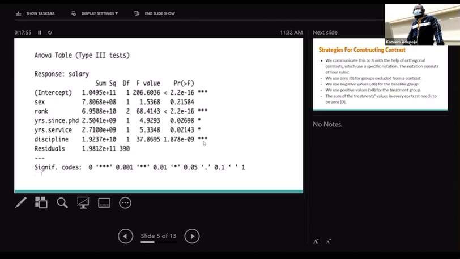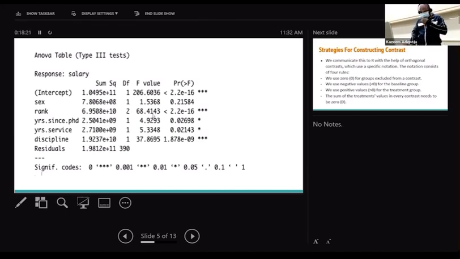We can see that the rank of a professor is significant, and the degree of freedom for rank here is 2, right? If the degree of freedom for rank is 2, it means in this analysis we've considered 3 levels of the cadre: the assistant professor, associate professor, and professor. That is why the degree of freedom is 2.